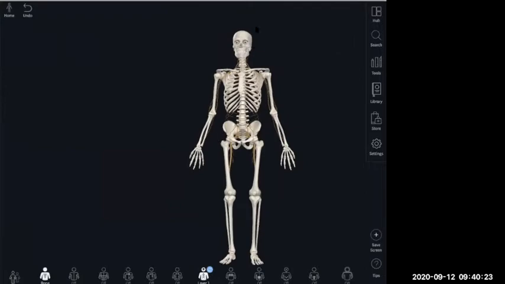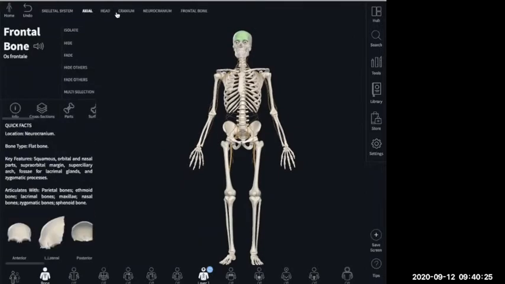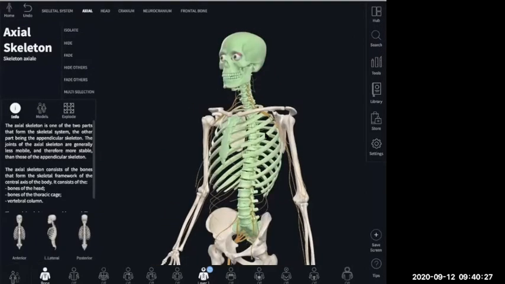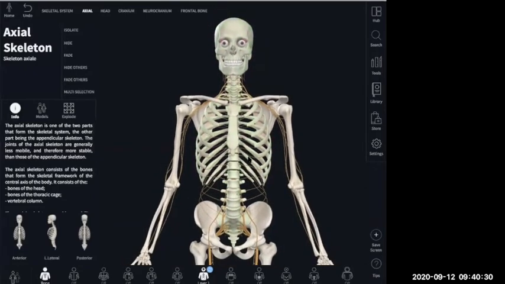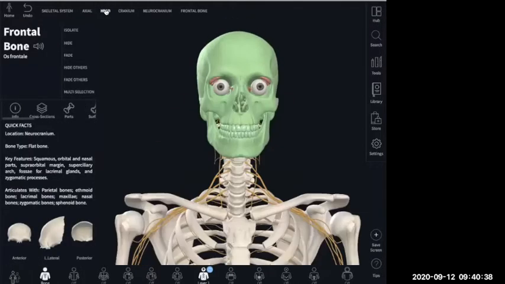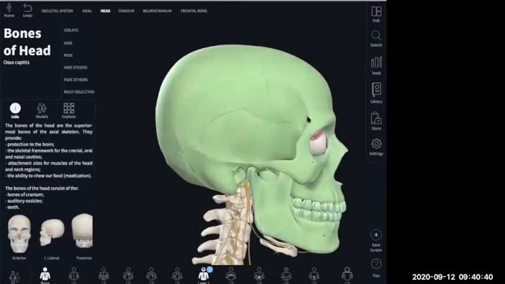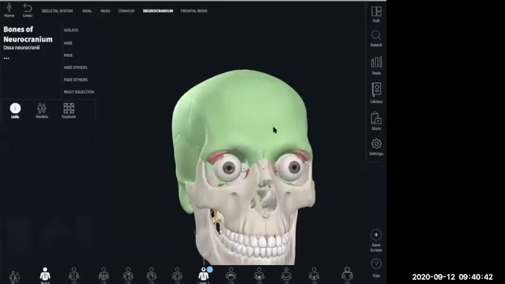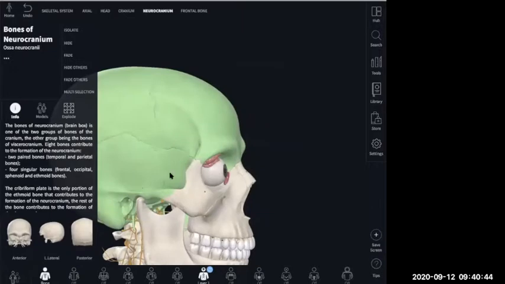For your axial skeleton, I'm going to go over now just the bones of the axial skeleton right here. So your head is going to consist of what they're calling here the neurocranium.